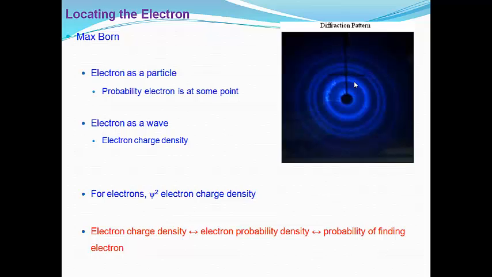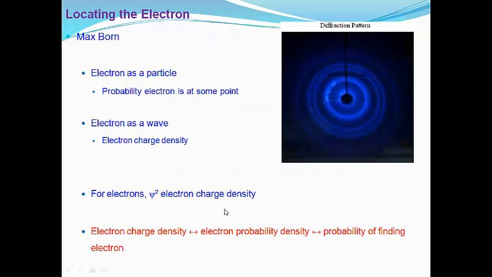And if you have a high probability of interaction, then you have a high probability of finding the electron. The opposite occurs where you have darkness, destructive interference: low probability of interaction, zero charge density, zero probability of finding the electron. Regions where you have diminished intensity have low probability density, low electron charge density, and a low probability of finding the electron.